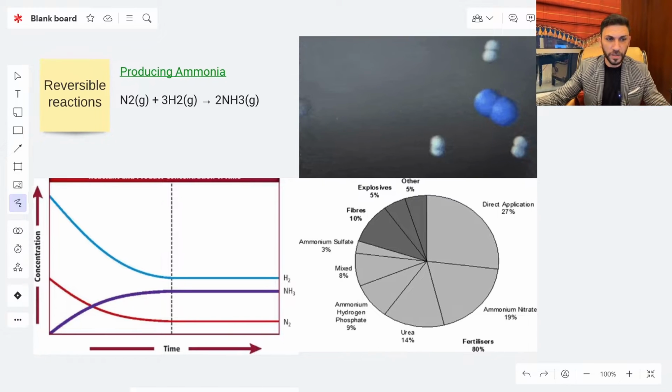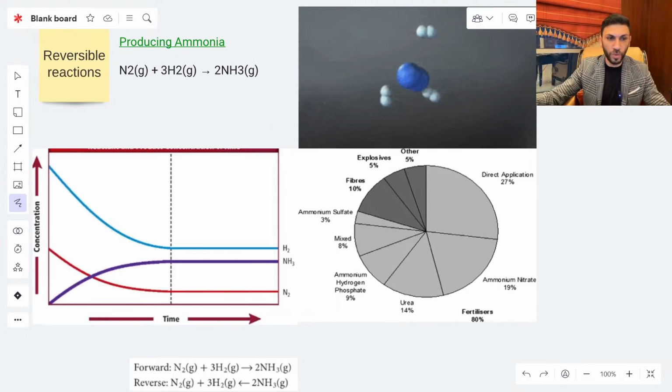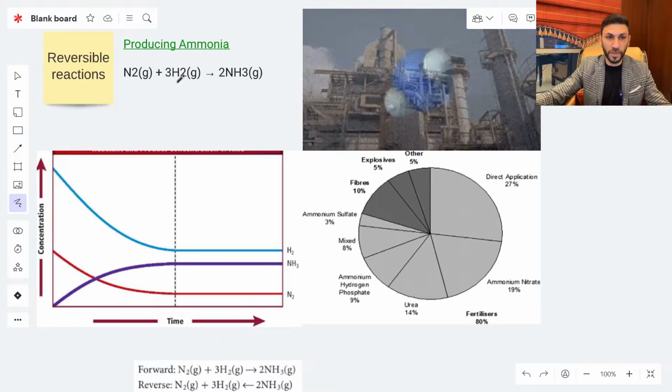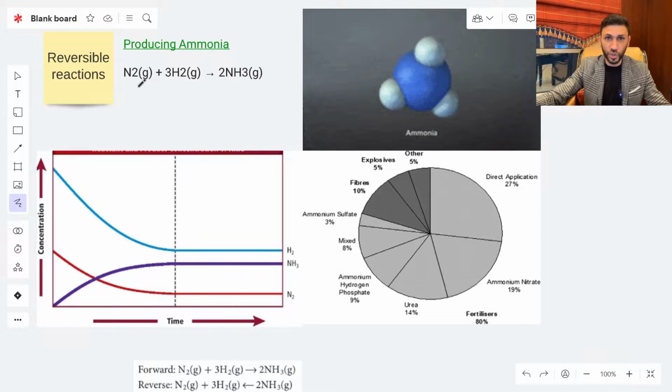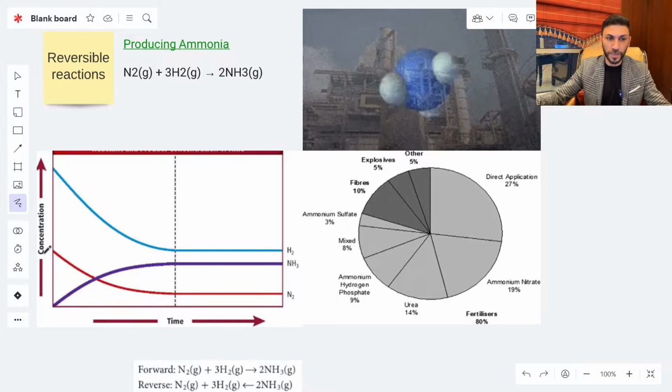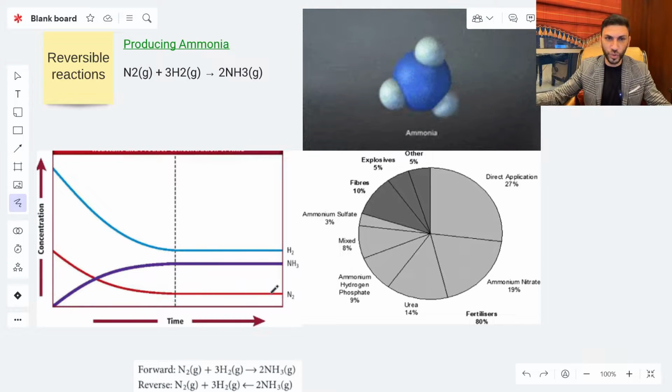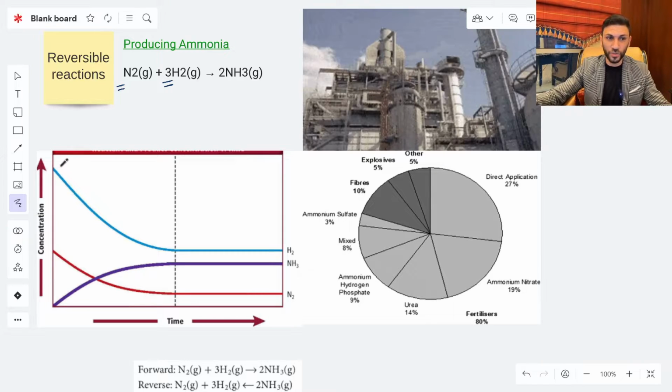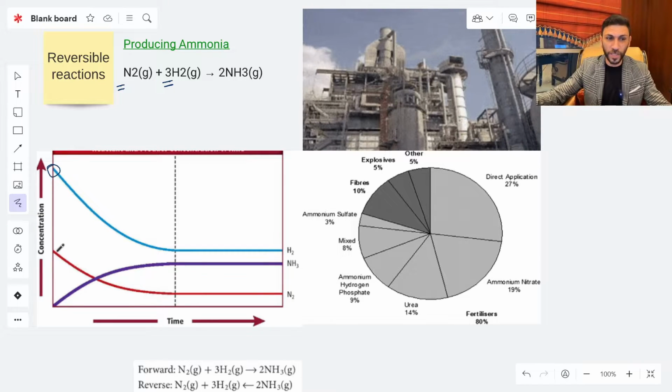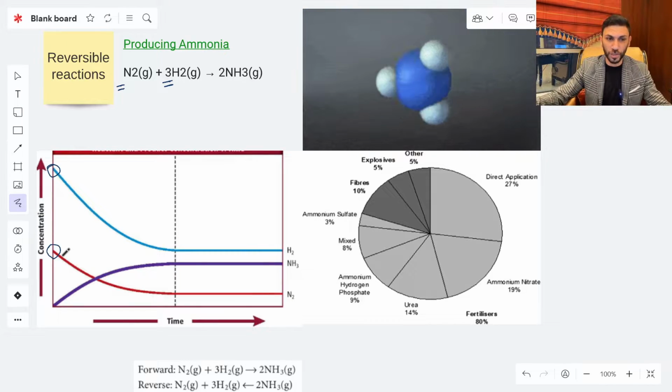If you check this diagram, you will find that because the hydrogen and the nitrogen are reactants, the concentrations versus the time: the concentration of the hydrogen is getting reduced, the concentration of the nitrogen is getting reduced, and because we have 3 moles of hydrogen, 3 times more molecules than the nitrogen, the concentration of the hydrogen is greater than the concentration of the nitrogen.